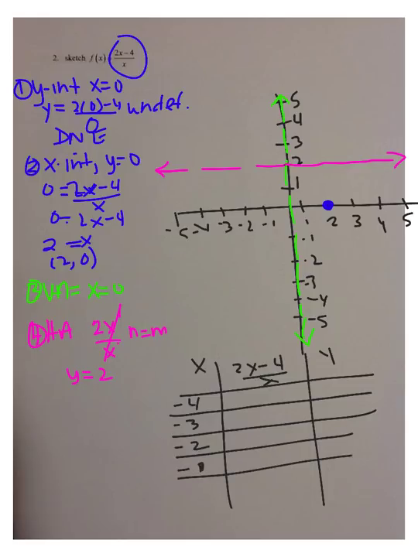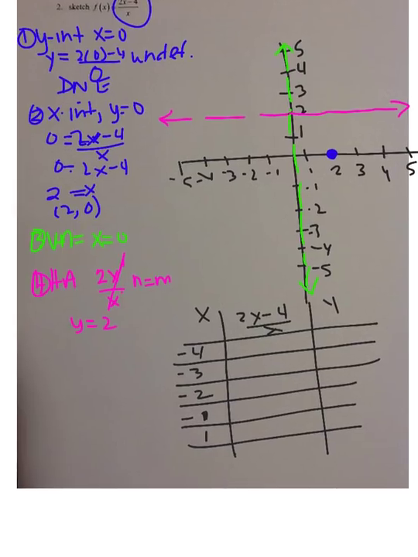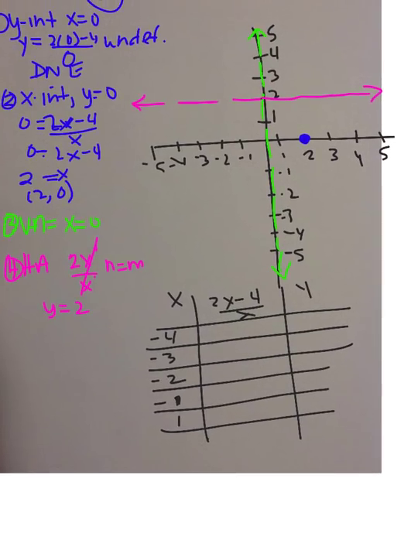Not 0, because I know it's undefined there. Then 1, and I'm going to move this stuff up here. So I have 1, 2, 3, and we'll do 4. Okay, so this should give us a good idea.